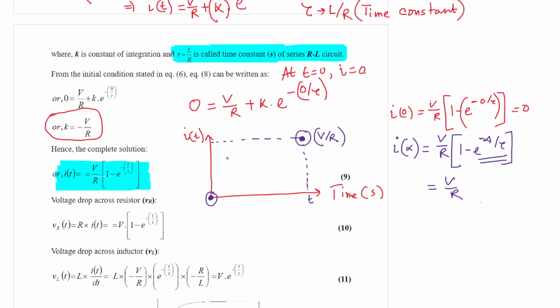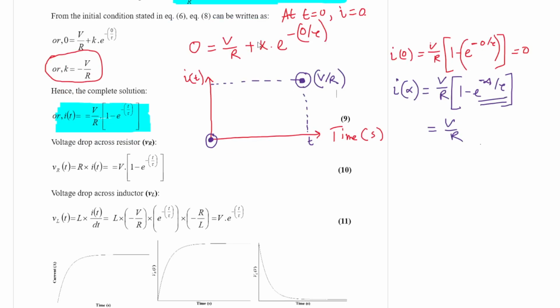Now we need another intermediate point to understand the nature of this curve. So let us now put t is equal to tau. What happens to this equation?